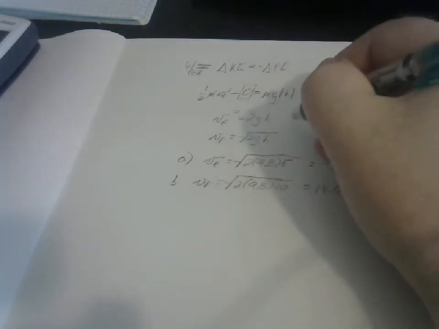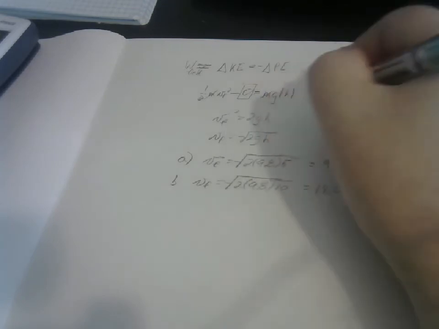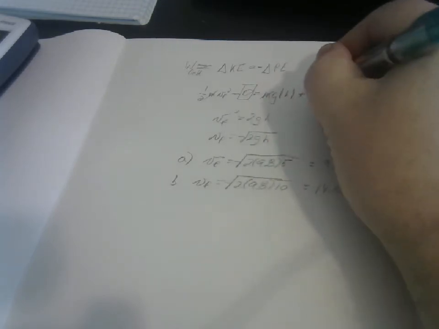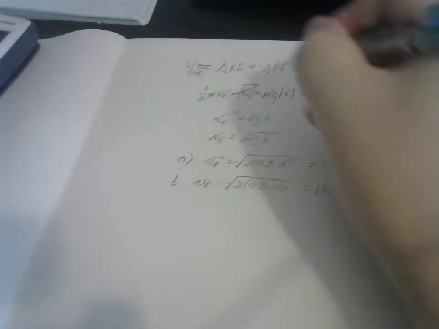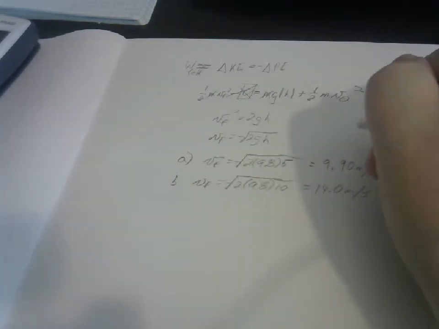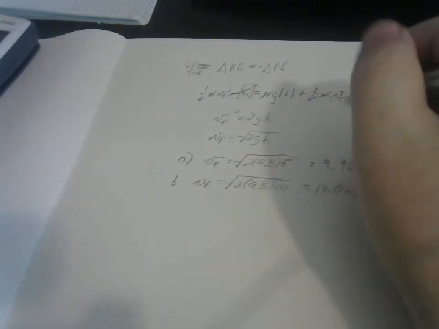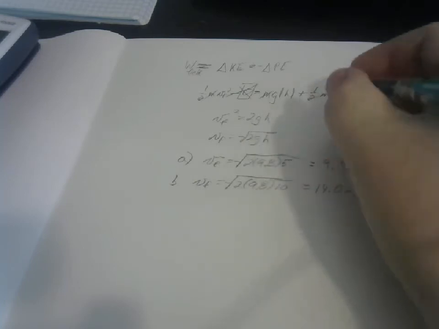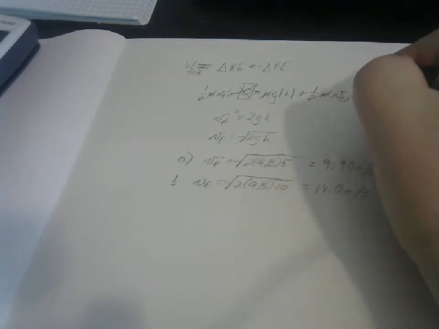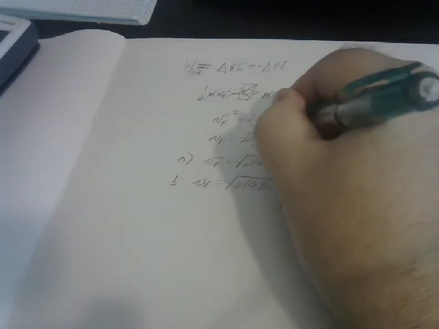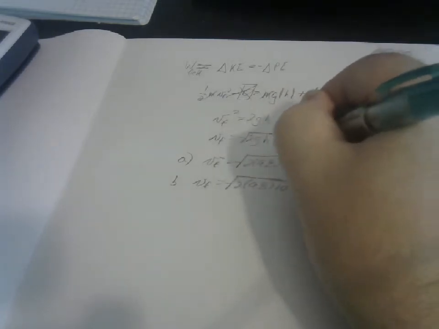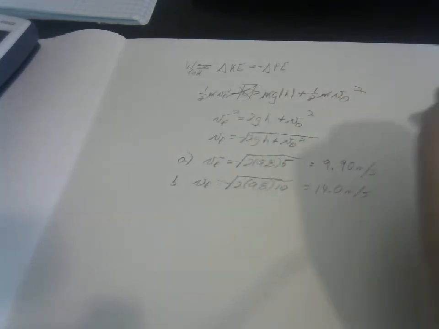So I would end up putting plus 1/2 m v initial squared over here, and dividing out the m and multiplying by 2, I would have plus v sub naught squared there, and plus v sub naught squared there.